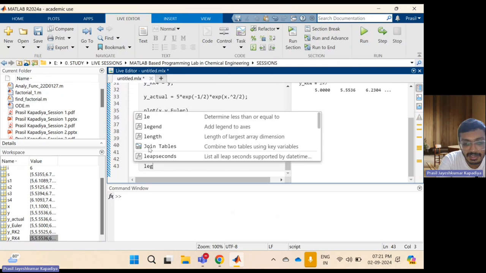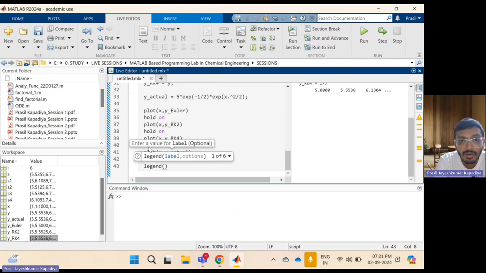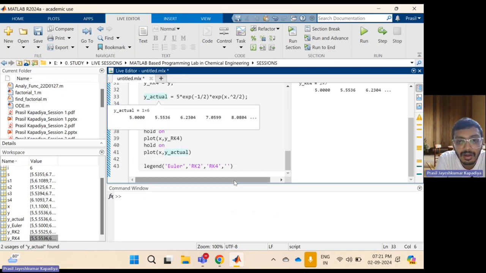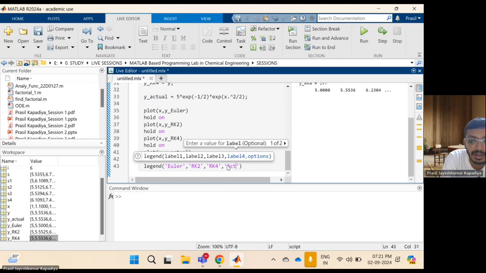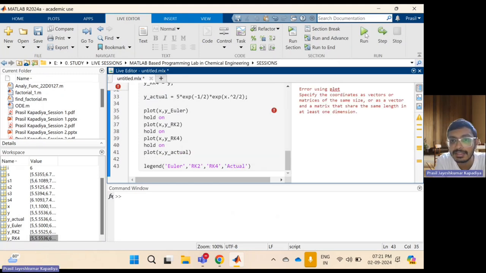So let's use legend. First one is Euler. Second one is RK2. Third one is RK4. And fourth one is actual. So let's plot all this and see what we are getting.